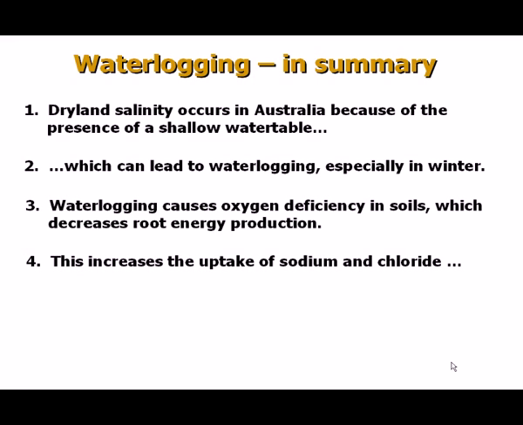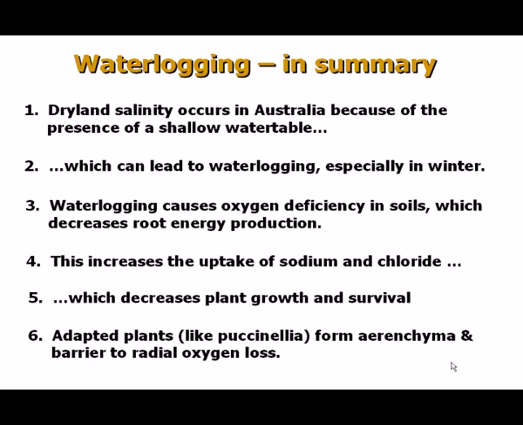This increases the uptake of sodium and chloride into the shoots, and that decreases plant growth and survival. Adapted plants like Puccinellia form parenchyma that acts like a snorkel and a barrier to radial oxygen loss.